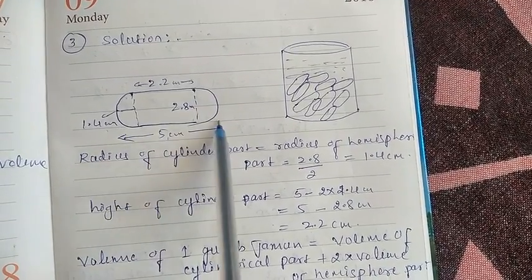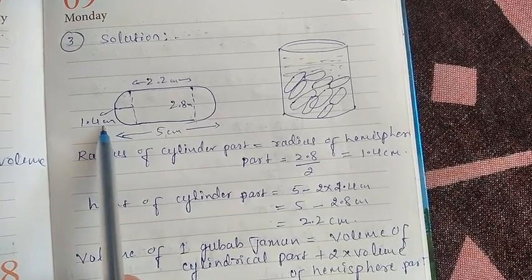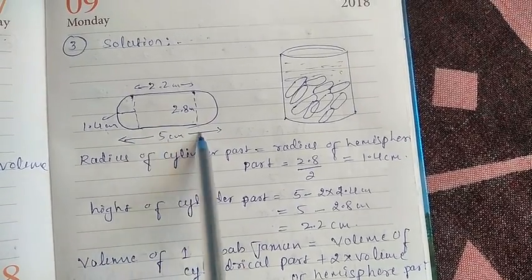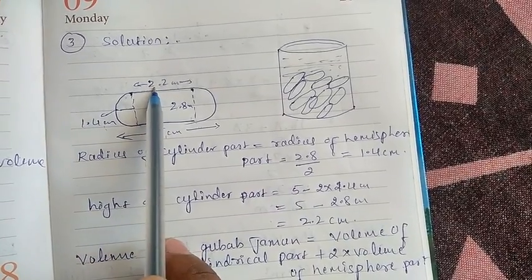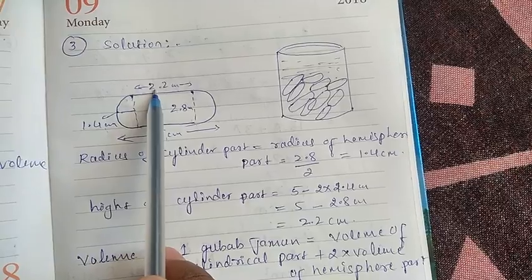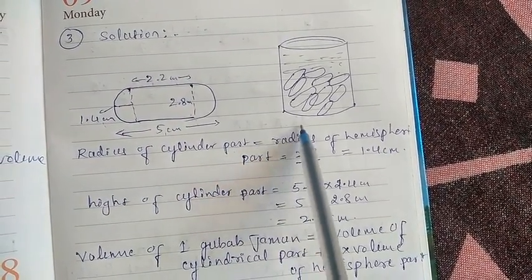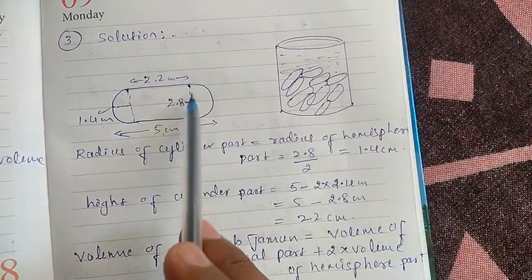Then from here to here 5 centimeters is there. Then what is the height of the cylinder here? Here 1.4, this side 1.4, that is 2.8. Now total 5 minus 2.8 is equal to how much? 2.2 centimeter is the height of the cylinder. So the radius of the cylinder part is equal to the radius of the hemisphere parts. Correct.